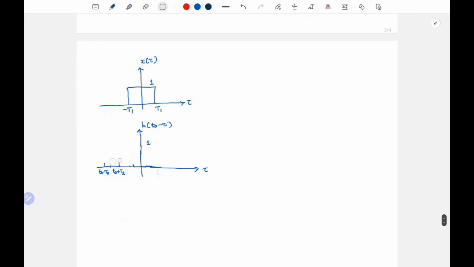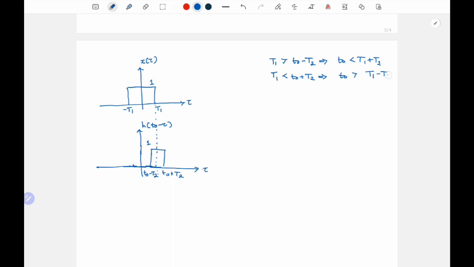And h of t naught minus tau we actually have somewhere here, where t1 is actually between these 2 points, t naught minus t2 and t naught plus t2. So t1 is greater than t naught minus t2. This implies t naught is less than t1 plus t2, and we have t1 less than t naught plus t2. This implies t naught is greater than t1 minus t2.